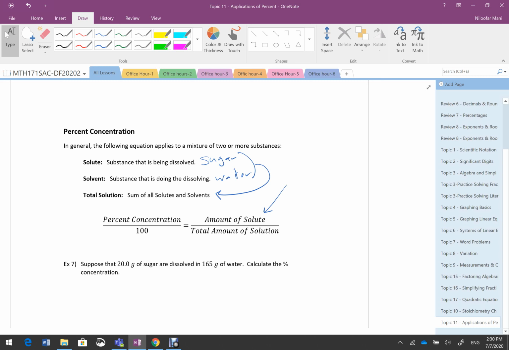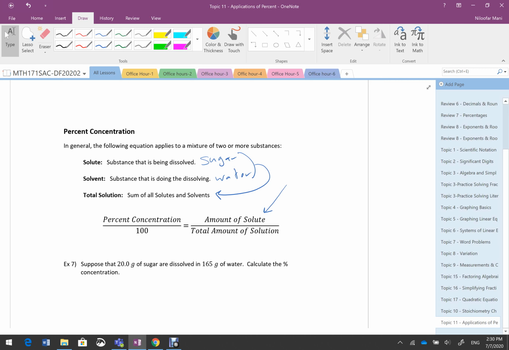Total solution is the summation of both of them together. In general, the following equation applies to a mixture of two or more substances, and I want to know the concentration of the substance inside the solution.